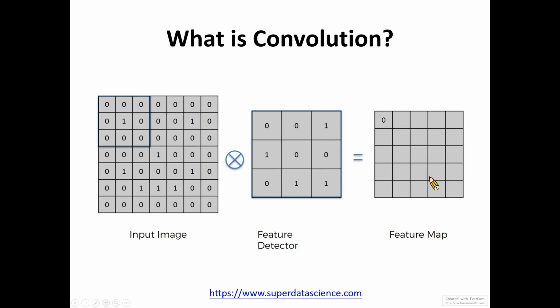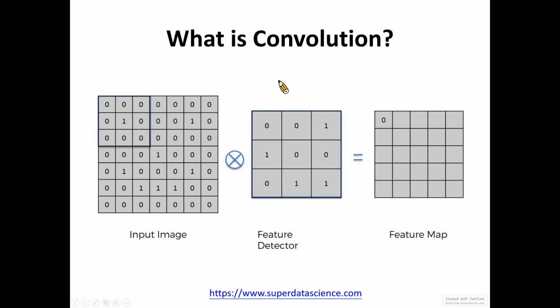Probably you are wondering what convolution is. Convolution is a mathematical term, but to illustrate it intuitively, let's cite these figures from superdatascience.com. On the left, you will see an example of an input image, which is only binary data, containing 0 and 1.